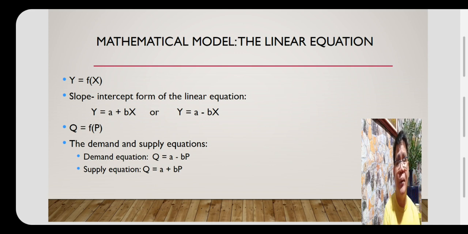So what does that mean? It means the highest quantity that the buyer can buy when the commodity is given for free. So, in short, if the buyer is not paying for this commodity in the market because it is given for free, how much the buyer could take in a given period of time.